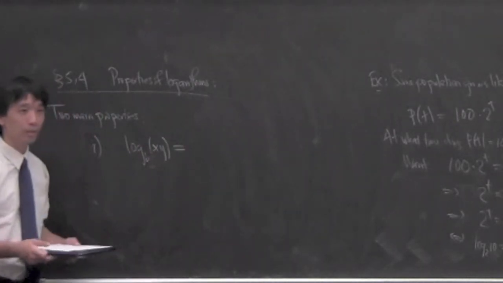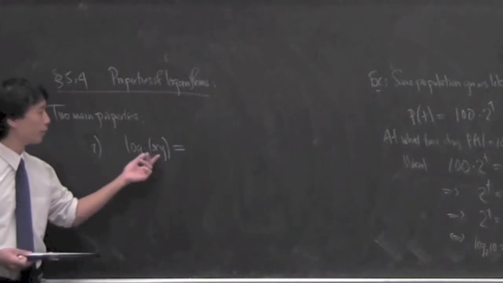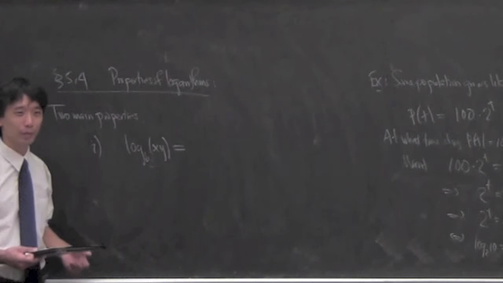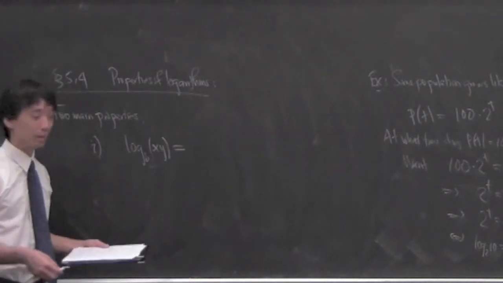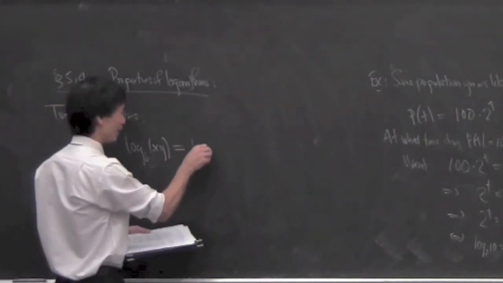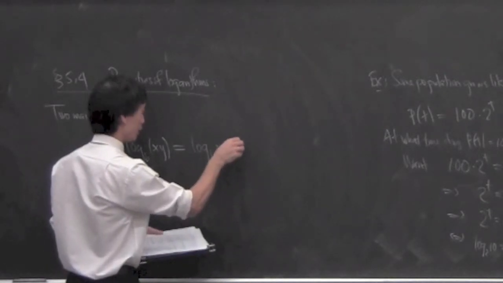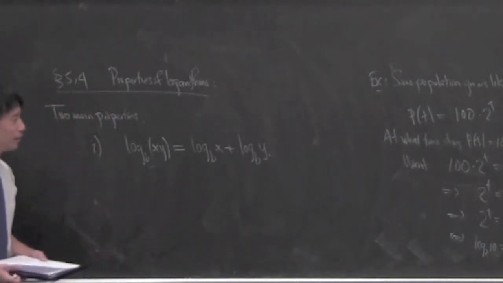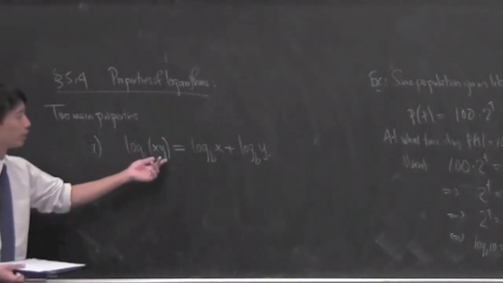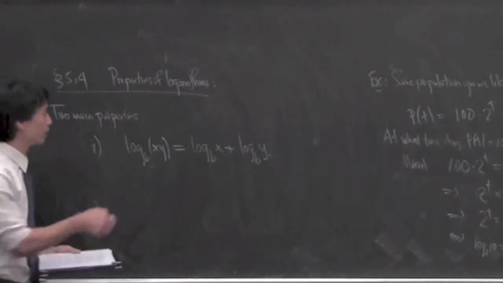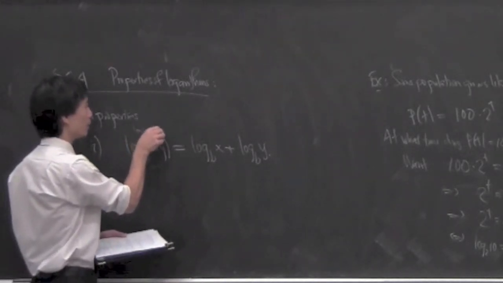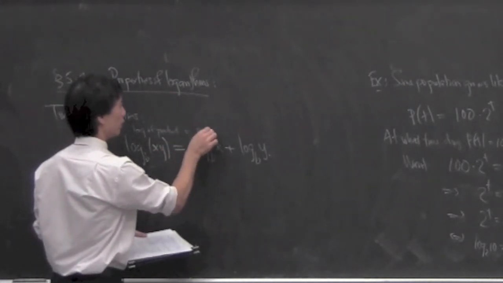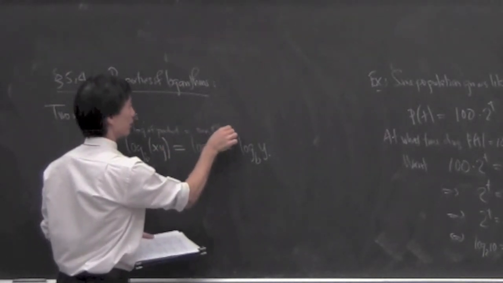Maybe some of you know this already. Log of a product translated. Think about it. Is it x plus y? You're not far off. It's log of x plus log of y. So the log of the product turns into the sum of the logs. Log of a product is the sum of logs of factors.